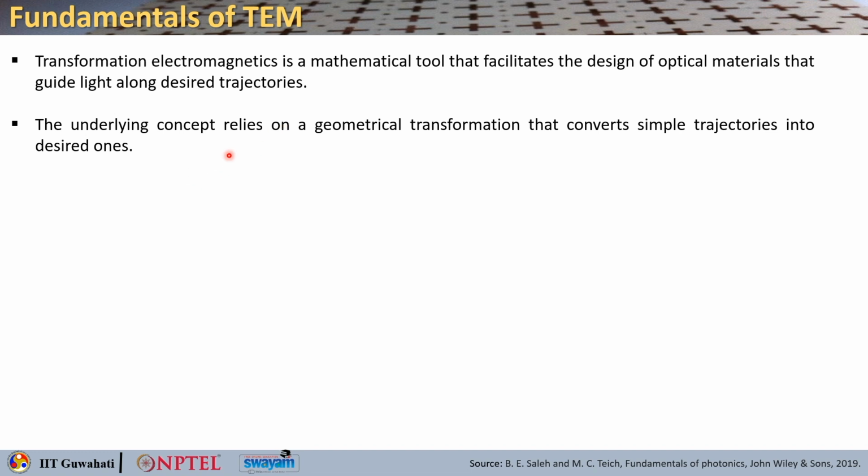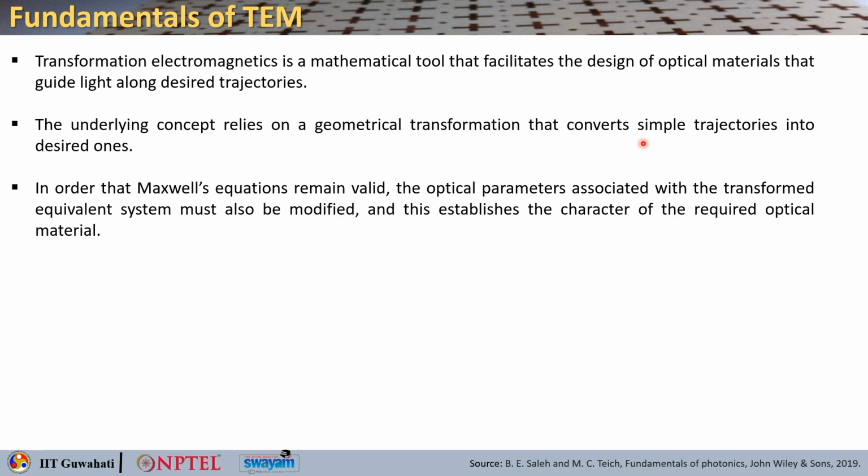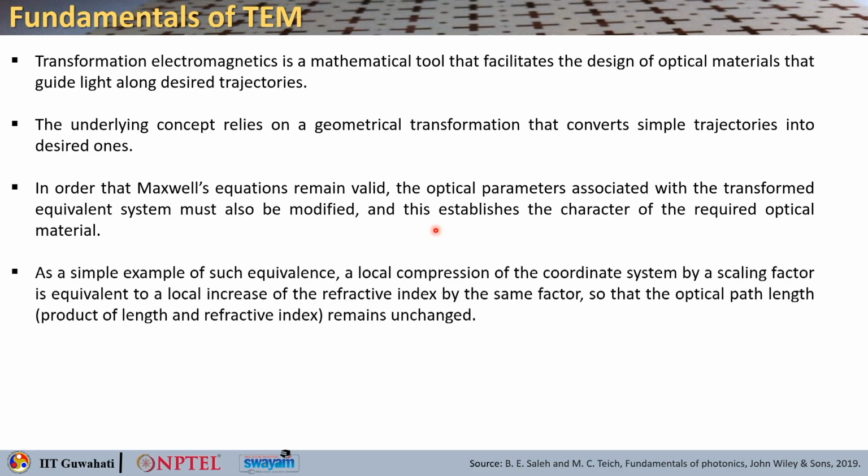So, the underlying concept basically here relies on the geometrical transformation that can convert simple trajectories into your desired trajectory. So, in order that Maxwell's equation remain valid, the optical parameters associated with the transformed equivalent system must be modified, and this establishes the character of the required optical material.